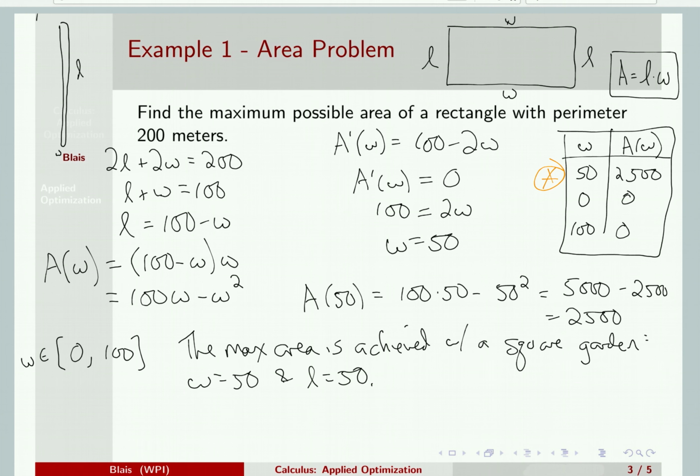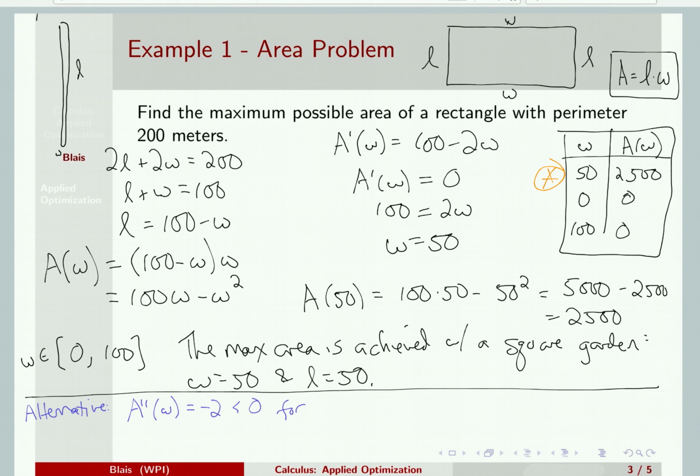Now this is one way you could have done this problem. Another way you could have confirmed that this is a maximum, an alternative, if you hadn't checked that W should live in this interval, you could have said, well, let's think about a double prime. If we take the second derivative, we just get minus 2. Now this is negative for all x in the real numbers.